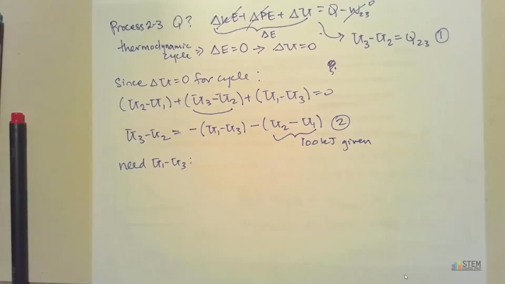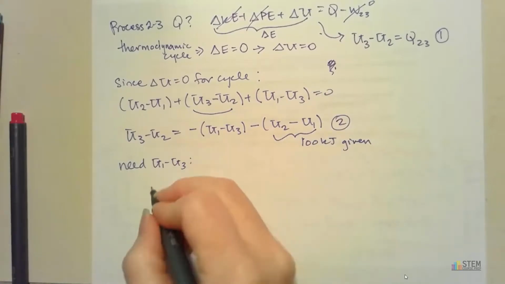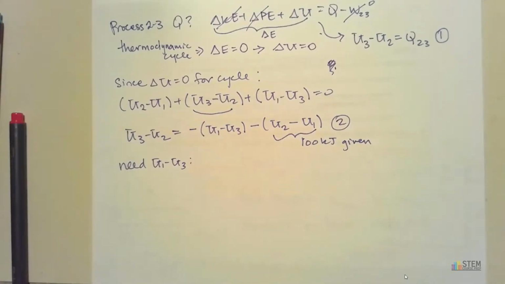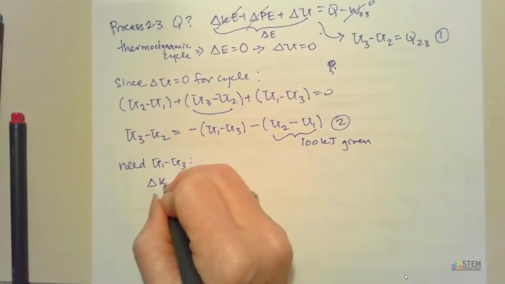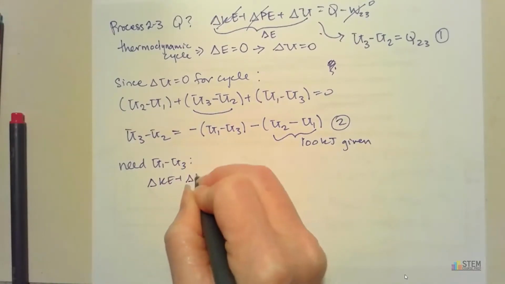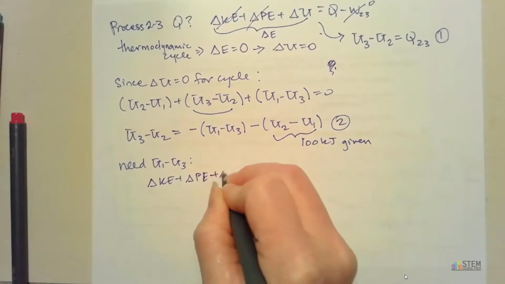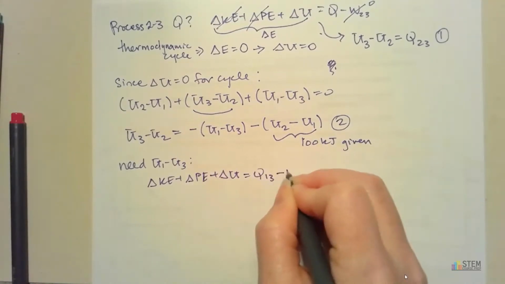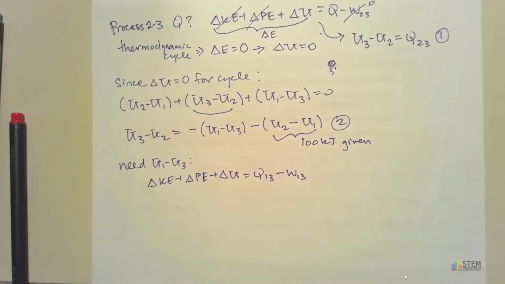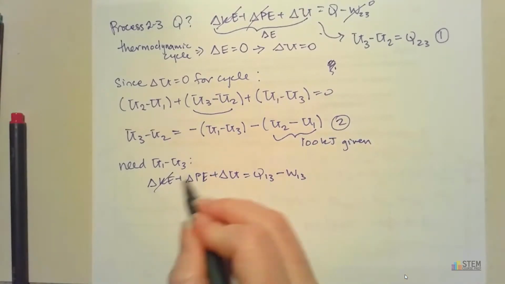Now we can do the energy balance equation for each of the processes, as well as the total cycle. For this one process, let's write out the energy balance equation. We've got our 3 energy terms, and then we're going to have Q13 minus W13. Now we know these two go away.